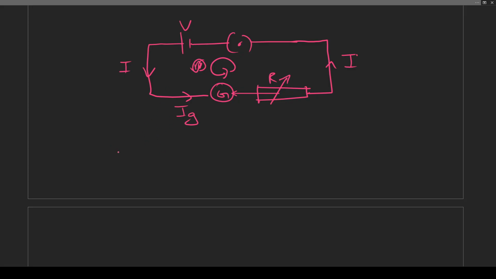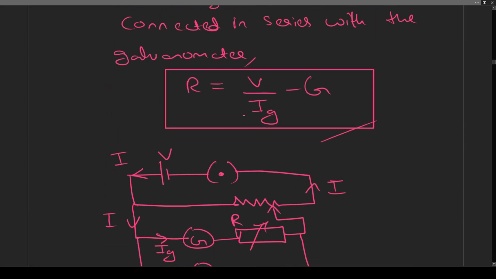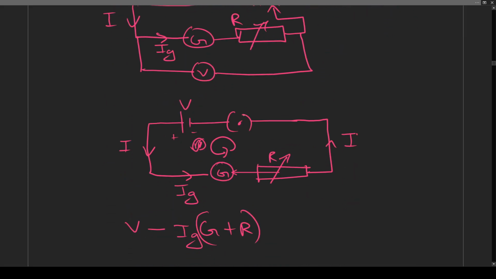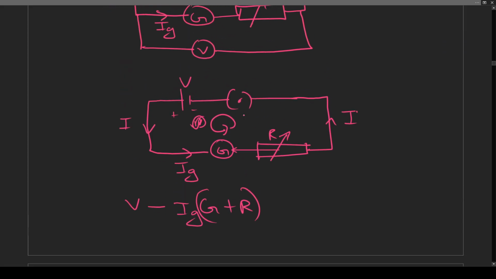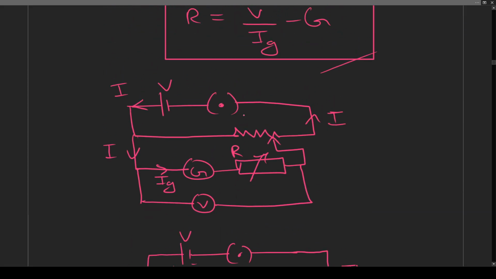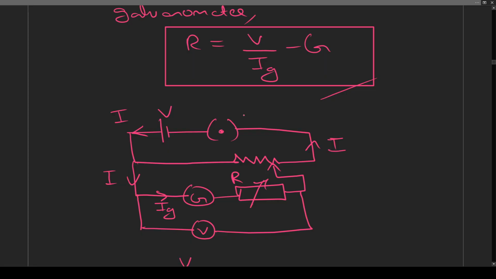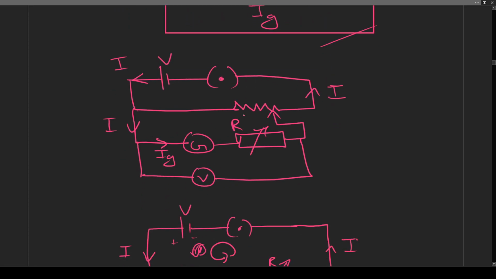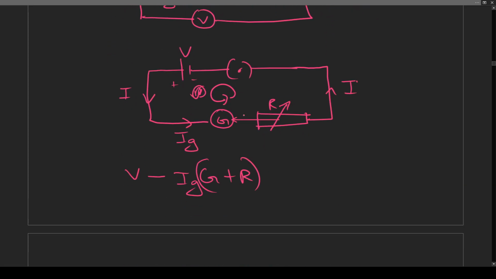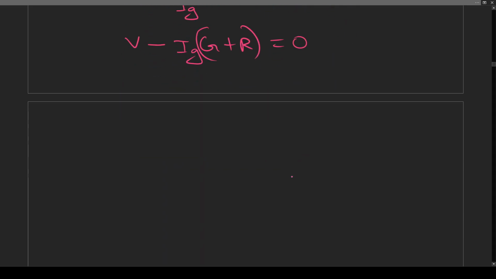So applying KVL, we get positive V minus Ig times (G plus R), which is equal to 0.